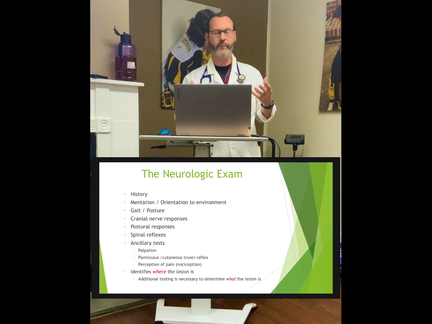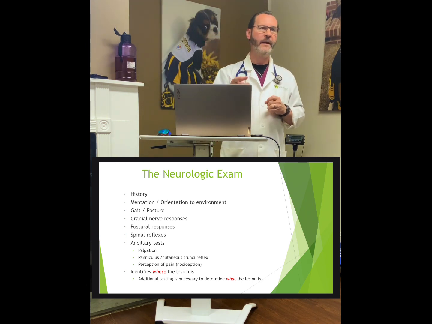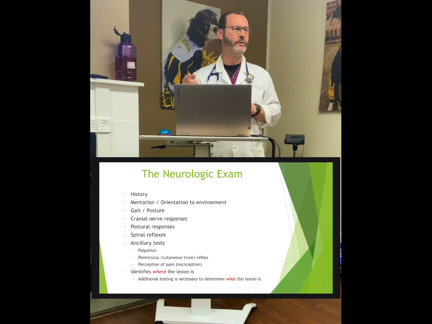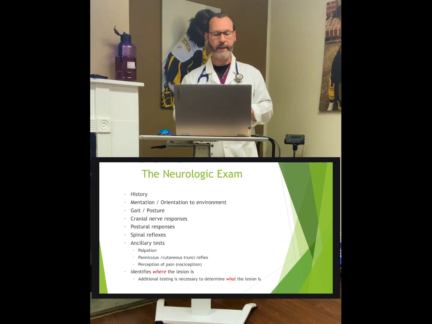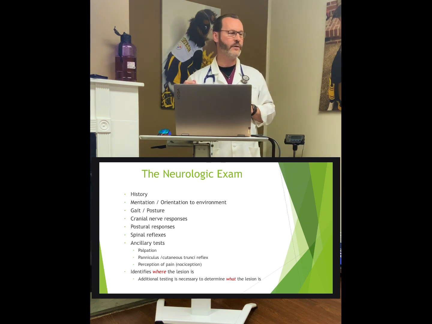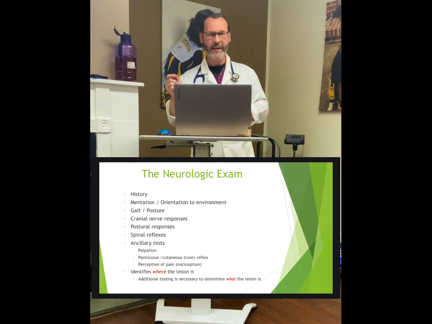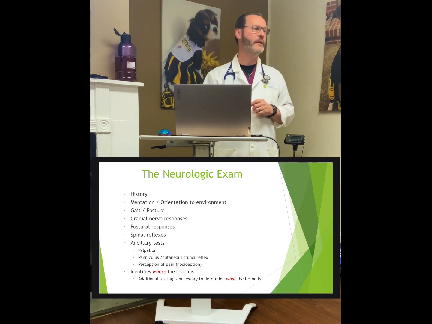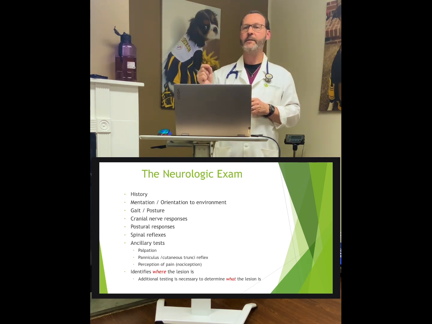And then the perception of pain, which we'll call nociception. Basically, we're determining whether the animal can feel deep pain. I put that last because that's not something you always need to reach for. Deep pain is a very well-preserved function, which means it's the last to go.